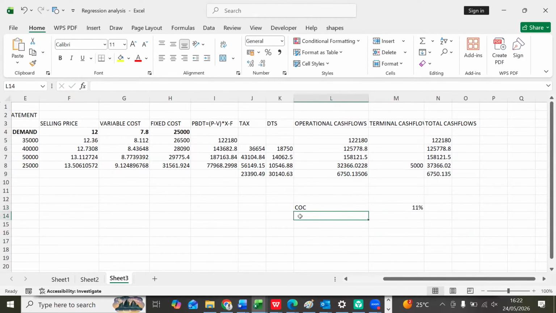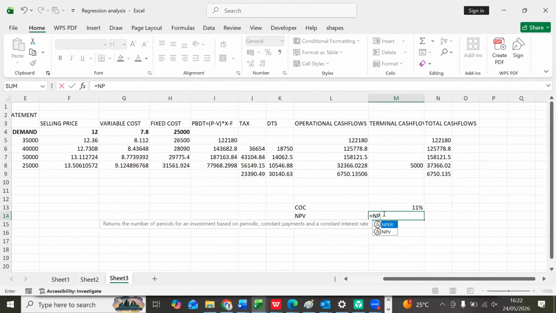So then we need to come here and give our examiner the net present value. How do we get this net present value? Equals NPV. We have it. You can see it is here. So pick the rate, which is 11%. You say comma.